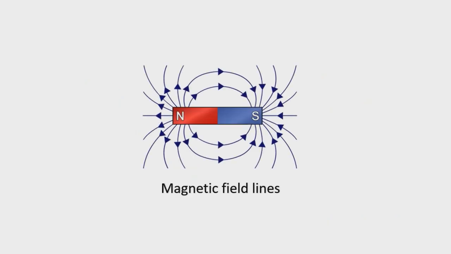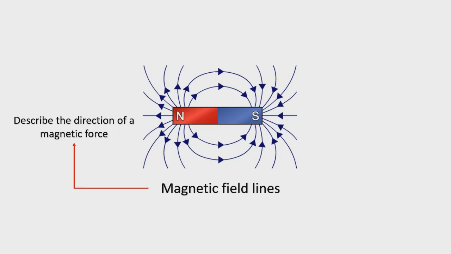Again, this is an illustration of a bar magnet along with its magnetic field lines. Notice the direction of the magnetic field lines. The magnetic field line originates from the North Pole and is directed towards the South Pole. The magnetic field lines also describe the direction of a magnetic force.